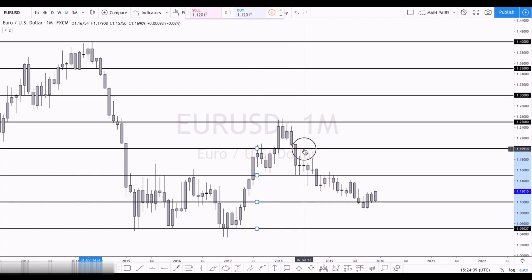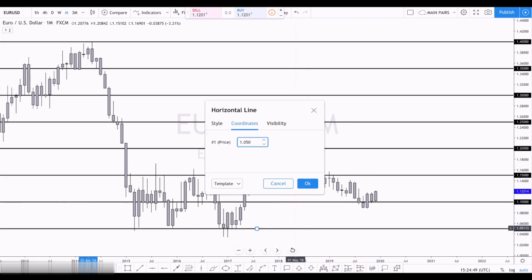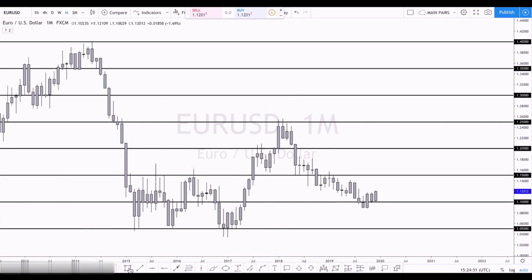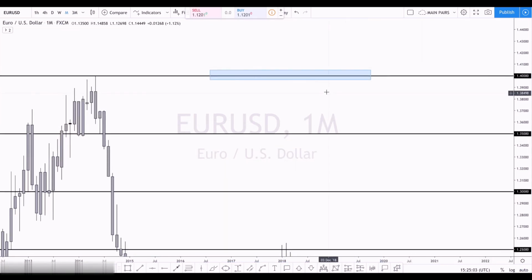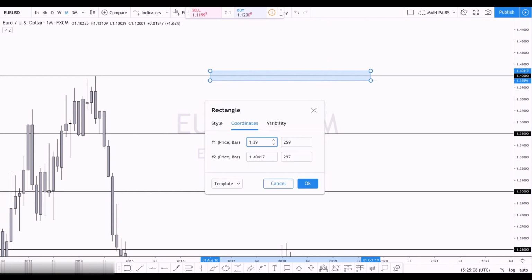That's now 1.2. Then I just make sure each line is actually the round key number, because these will make a difference, which I'm going to show you after I do this. So you see the zone around my levels. The reason for this zone is that price, if it is going to stop hunt or do any sort of manipulation, which is something we'll cover later on, tends to do it, say, 10 pips.